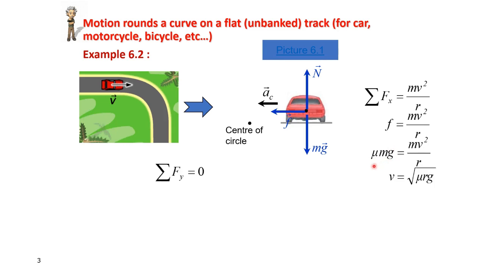We refer to component y, which equals N, the normal force. So we need to find the maximum velocity of the car just before skidding, which equals the square root of mu r g. This is for the second case.